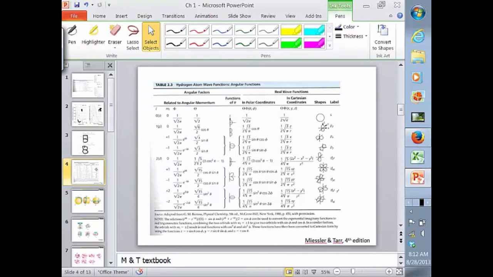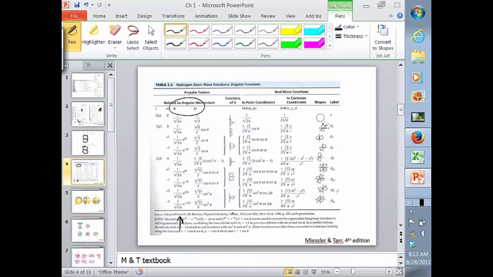So the angular part of the wave function is on this table. Now this is a little bit more complicated, and your textbook doesn't actually go into this very much, and that's okay because it's hard to understand, and it's because these functions, especially these, have imaginary numbers in them, and so they're not real functions.